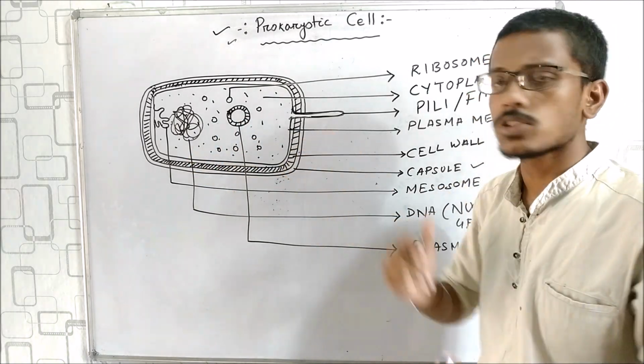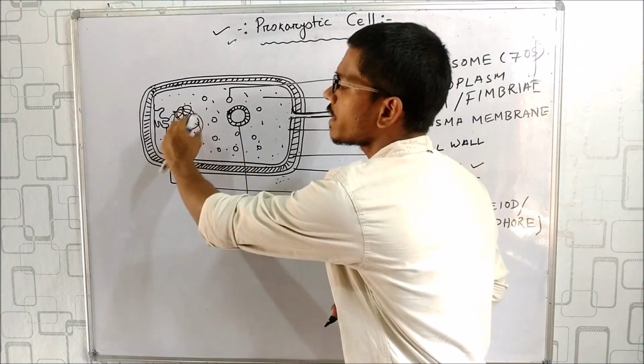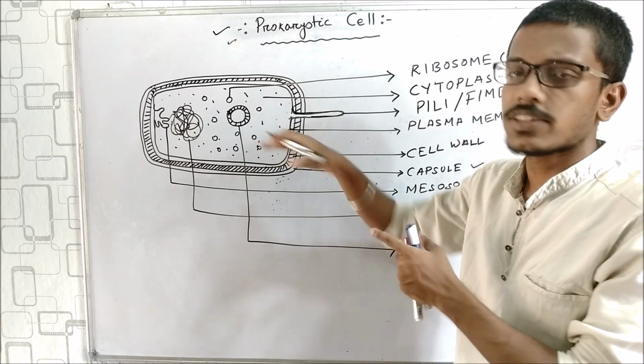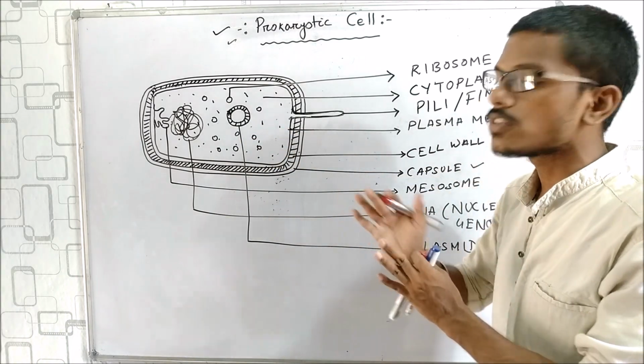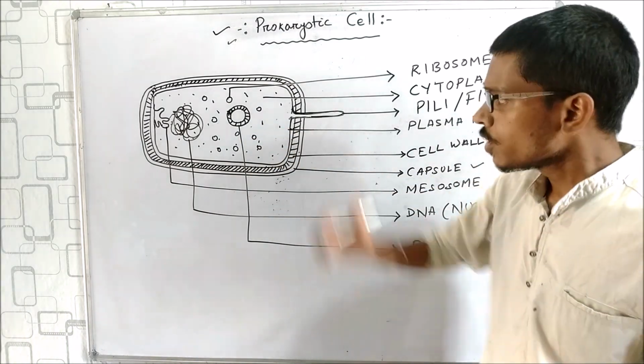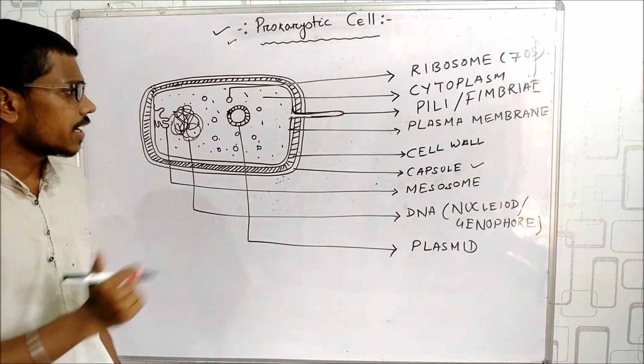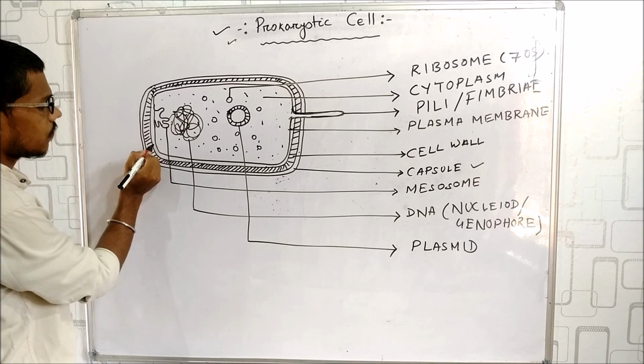Why is this called extra chromosomal genetic material? Because the main genetic material is the DNA. That is the main genetic material. But this plasmid is extra chromosomal material that may be found in some bacteria. So these are the different components found in your bacteria. Another part is the flagella.